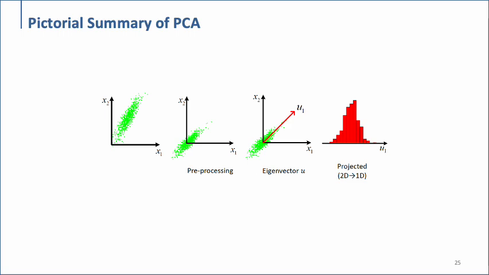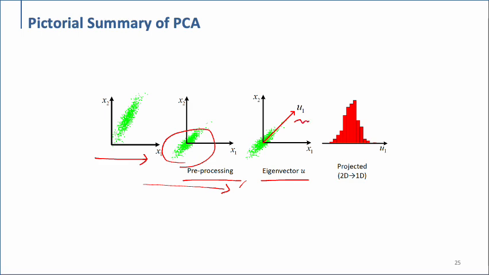As I mentioned earlier, the important step is that we need to pre-process the data to have zero mean and unit variance. Then from the pre-processed data, you can calculate the eigenvalues and eigenvectors so that you can find the principal axis.